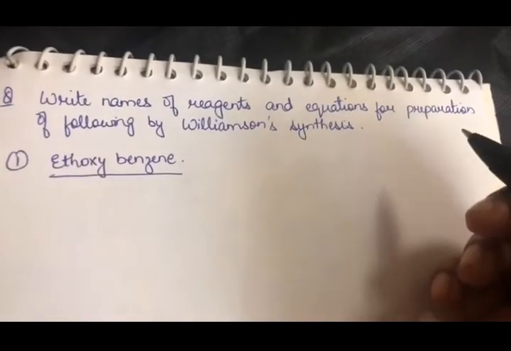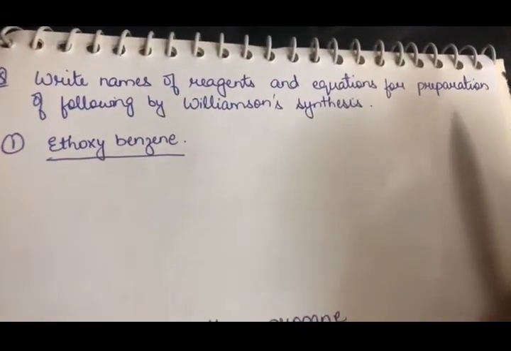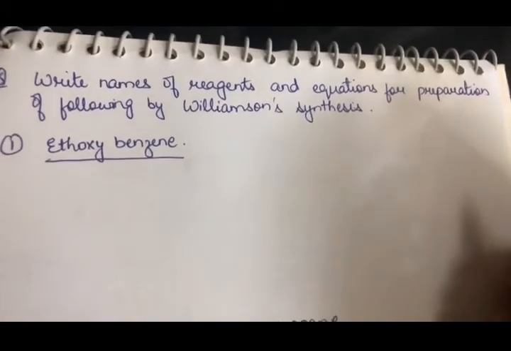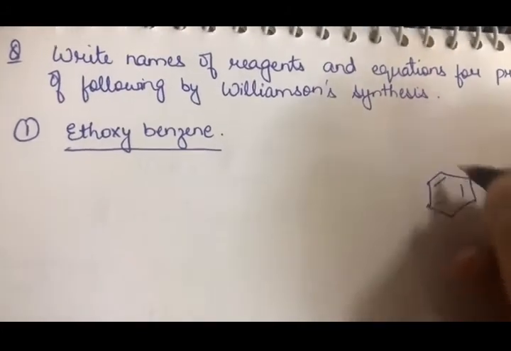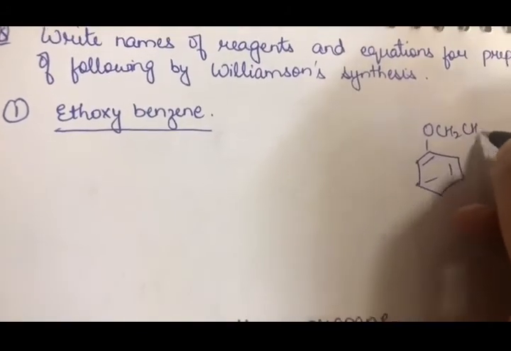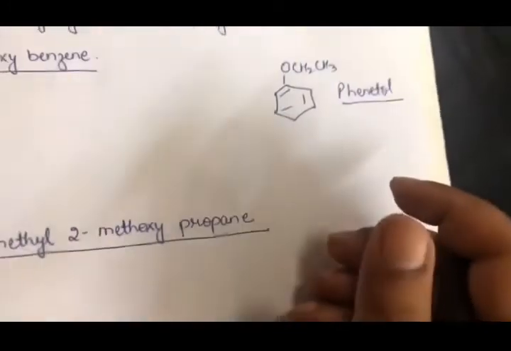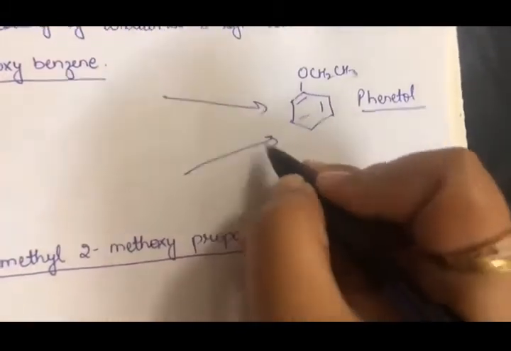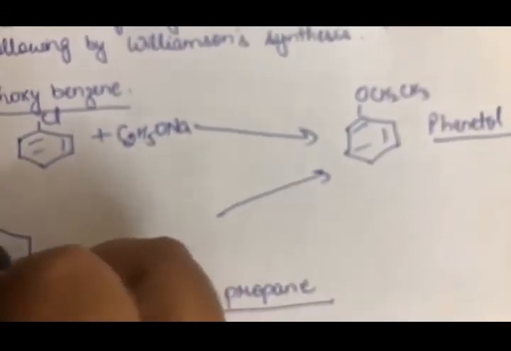So now let's look at a question. The question says, write the names of the reagents and the equations for the preparation of the following by Williamson synthesis. The first question that is given is ethoxybenzene. What is ethoxybenzene? It is a benzene with an ethoxy group. This is also called phenetole, right? So again, I have two options to prepare this. Let's say the first one is chlorobenzene plus ethyl phenoxide, or I can also prepare it by the other route.